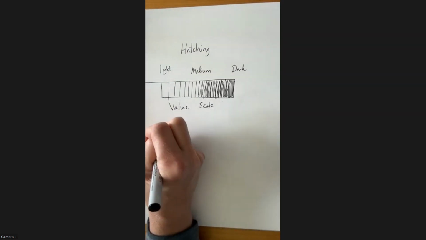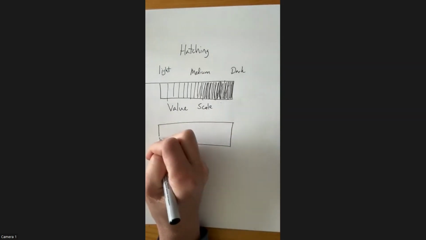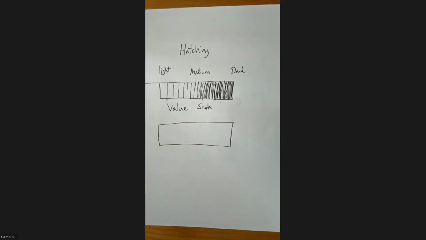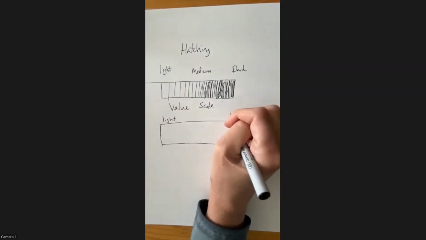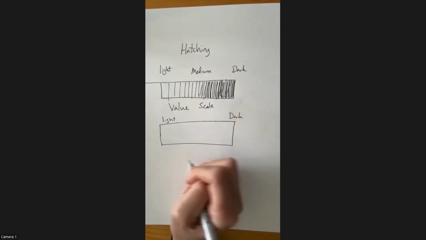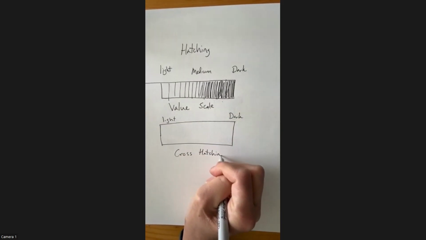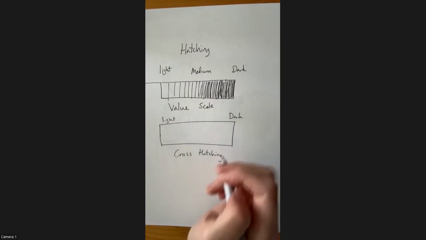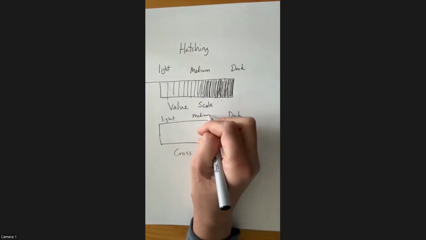We're going to draw another skinny rectangle like this. So it's not going to be super tall. It's going to be shorter. We're going to also say light to dark. And this time we're going to use the cross hatching technique. Okay. So don't forget when you're medium. All right.